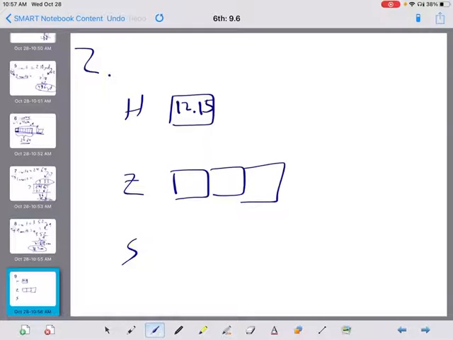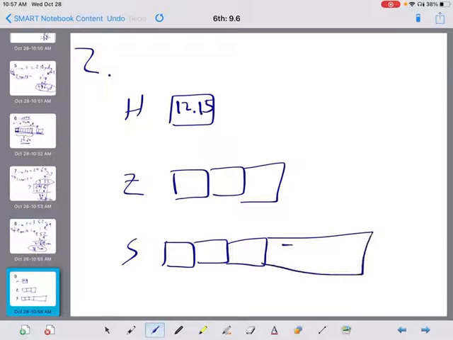And Serena saved $24.50 more than Zach. So you have to pay attention to what they're doing there. It means she's got the same as Zach, and then she's also got $24.50. And each of these boxes we know is how much? Yeah, it's $12.15 because we know that Zach got 3 times as much as Heather. So that's what you should have.